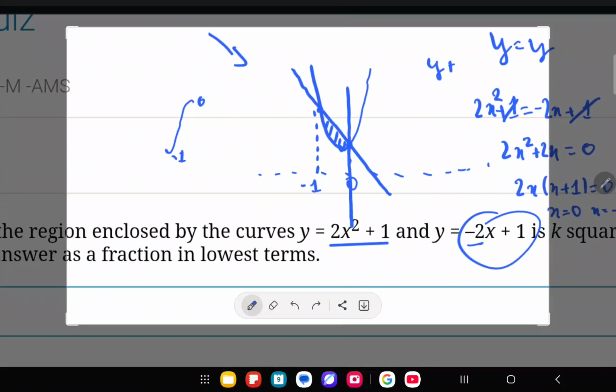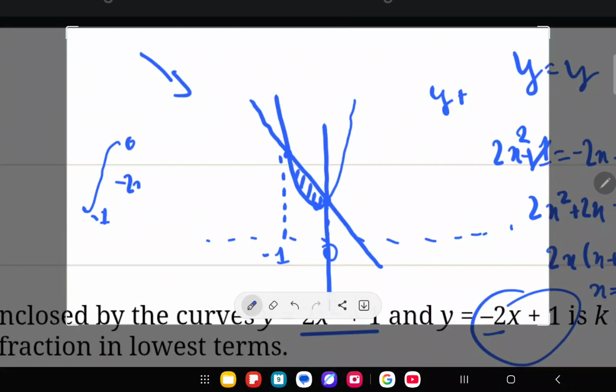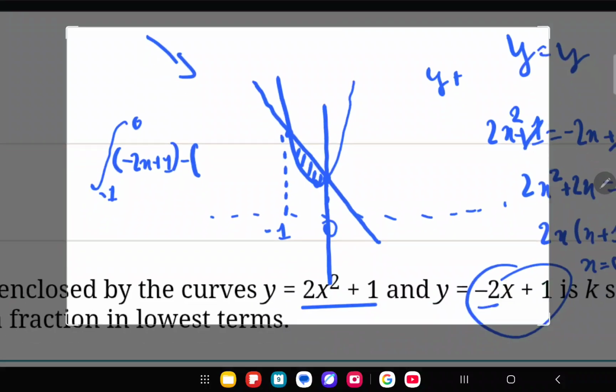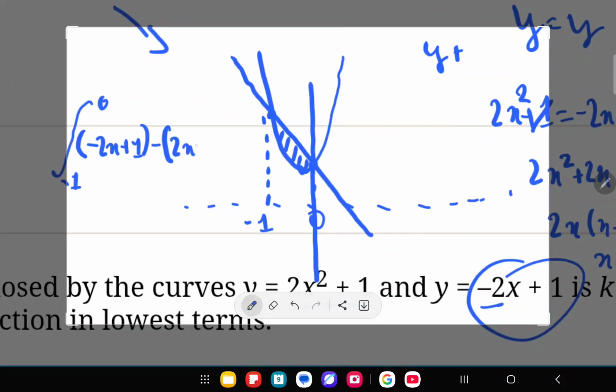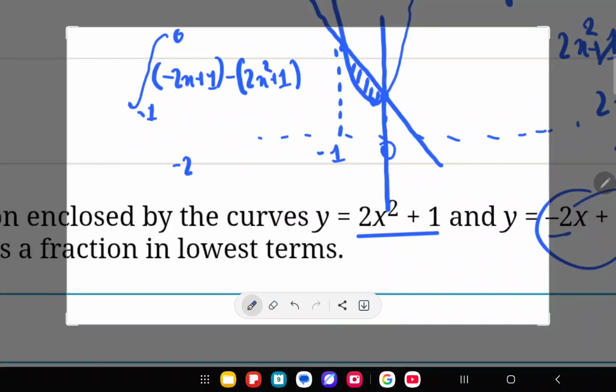So upper, which is just the straight line minus 2x plus 1, subtracted by the parabola's formula, and then you get minus 2x squared minus 2x with respect to dx, from minus 1 to 0.